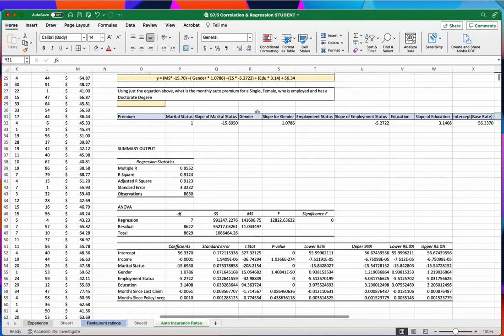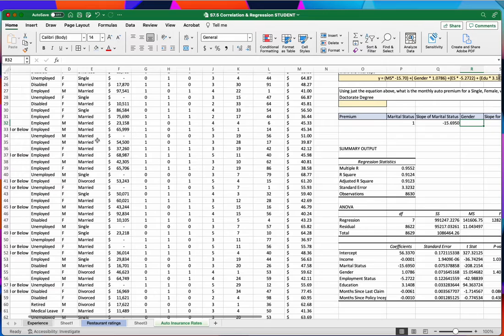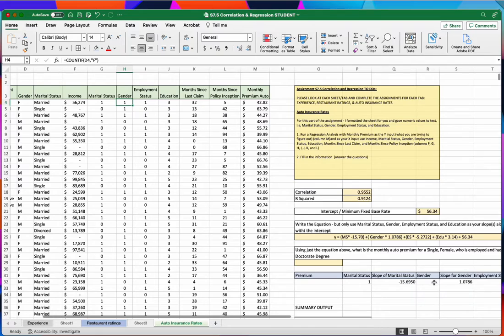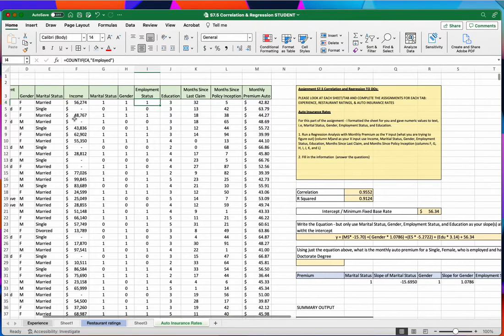Okay. So my gender, it says female, so now I'll come back over here and look up gender on male, female. So female, I'll come up here to make sure I got it right. So female gender is a 1. So there's a 1 right there. Employment status is employed, if you are employed.